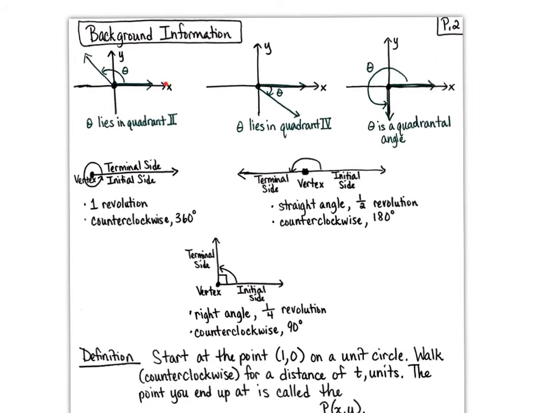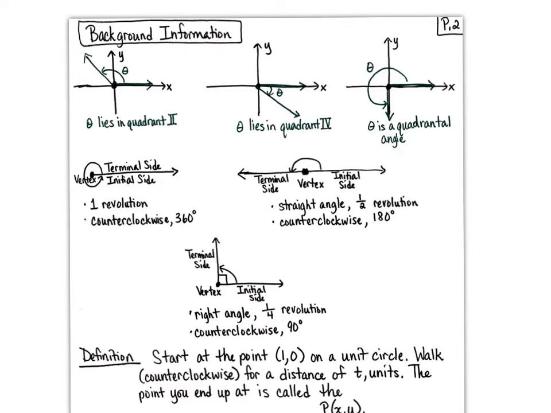More background information here. Here's an angle where theta lies in quadrant 2. What side is this? Initial side. The origin is your vertex. Good, and this is your terminal side. You got it. Good. Here, theta lies in quadrant 4.